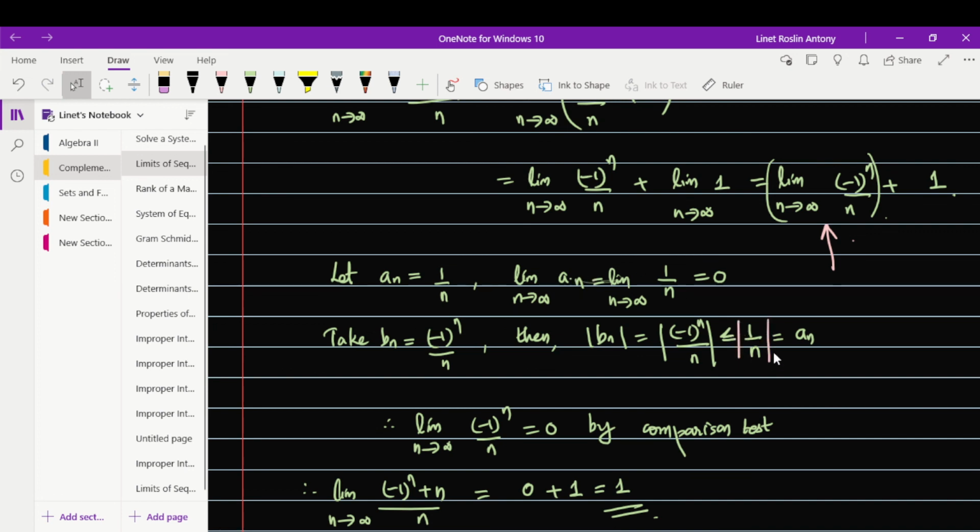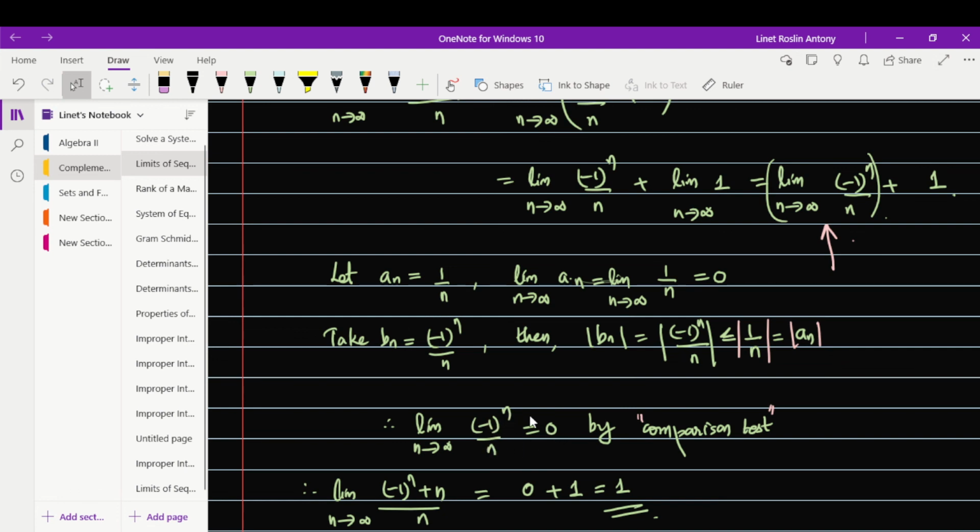So you can write modulus here and modulus here. So you get modulus of b_n is less than or equal to modulus of a_n, and limit n tends to infinity a_n is equal to 0. So you can use the comparison test, and we can end the process of using the comparison test by saying limit n tends to infinity b_n, that is (-1)^n by n, is equal to 0.